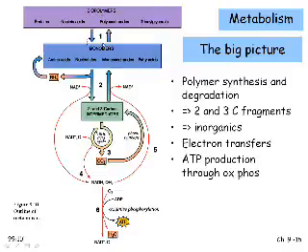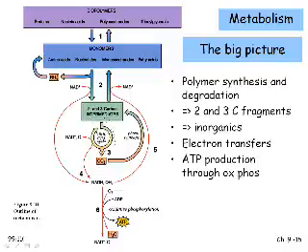They're going to be able to be broken down into monomers in some way. Those monomers, in turn, can be broken down further into 2 and 3 carbon fragments. And in general, that process is going to release reducing equivalents that we can do either energy with or make other molecules.